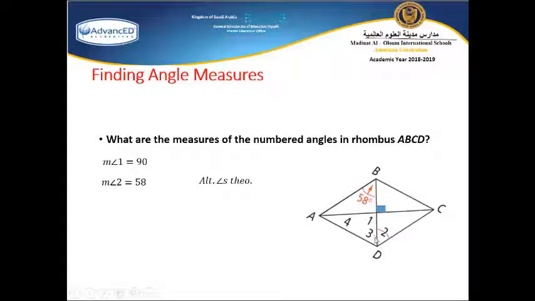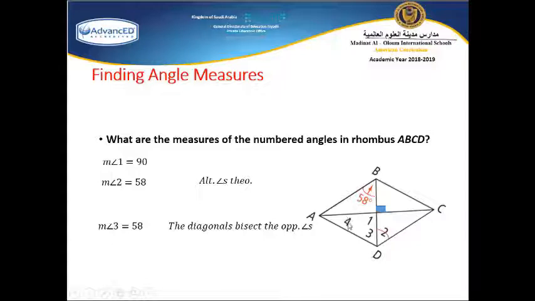Since this is a rhombus and the diagonal bisects the opposite angles, then this opposite angle, angle D, is bisected. That means it is divided into two equal angles. Then the measure of angle 3 equals the measure of angle 2 equals 58.